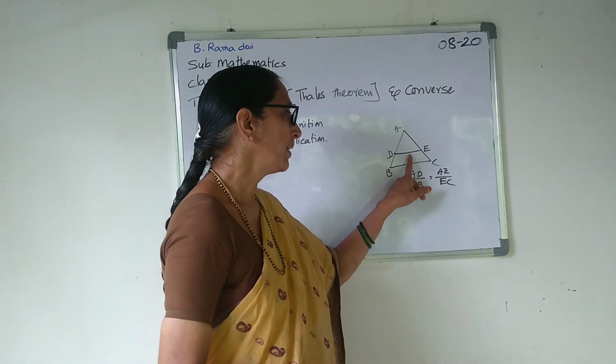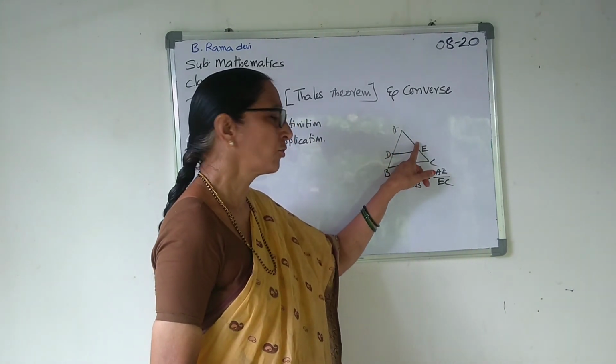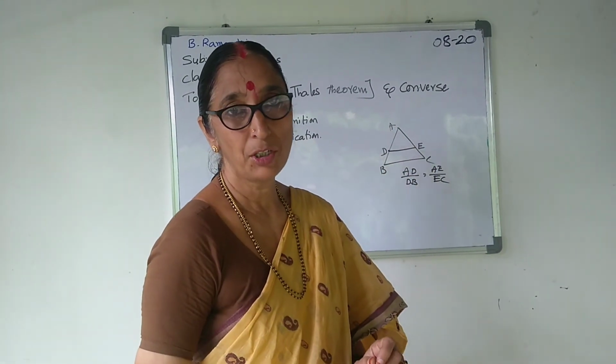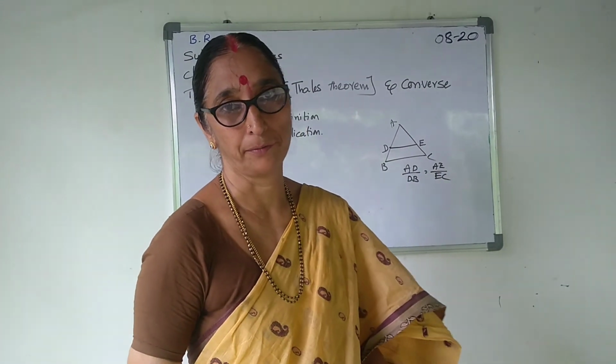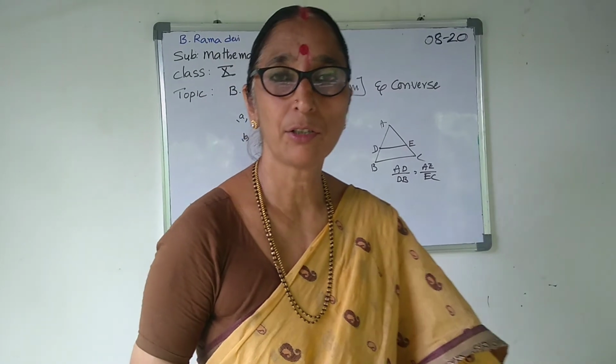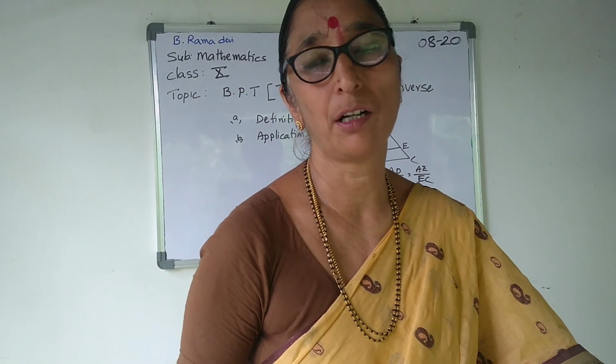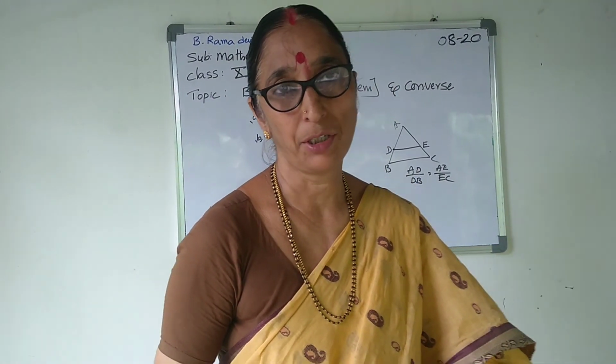If a line divides the other two sides in the same ratio, it will be parallel to the third side. It is the converse of the BPT theorem.